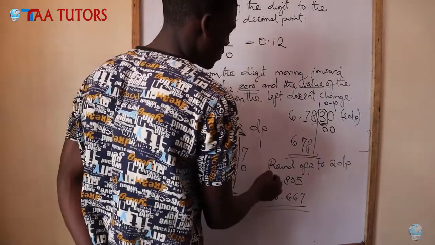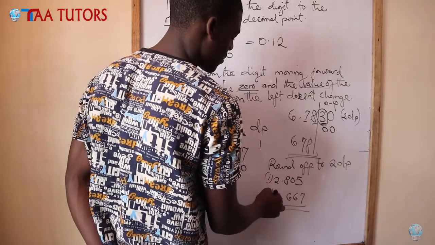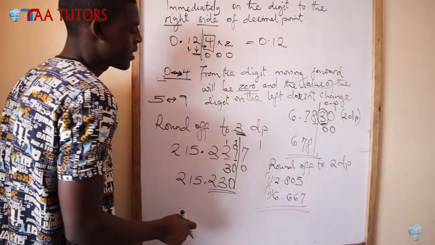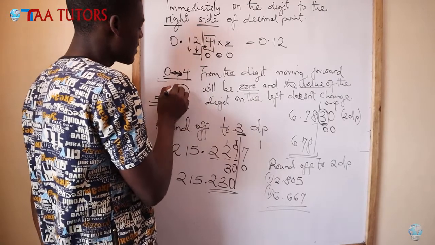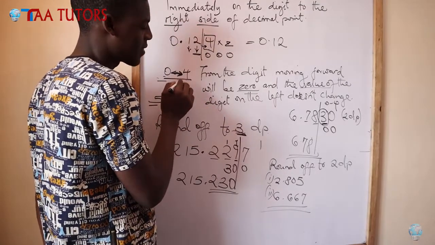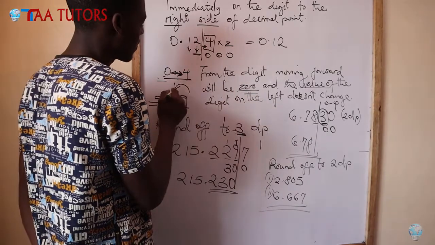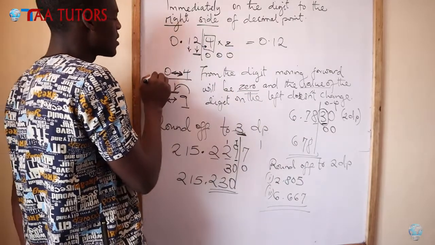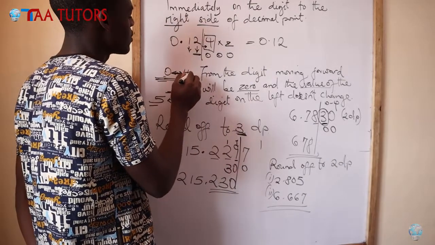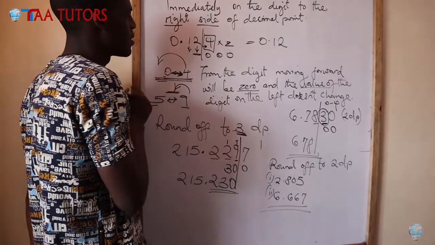Try the 2. Always remember, if the value is between 5 and 9, then the previous digit, marking the last number of decimal places you are required to do, will increase by 1. But when it is between 0 and 4, it brings no change to the previous digit.